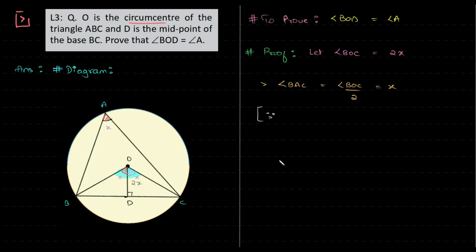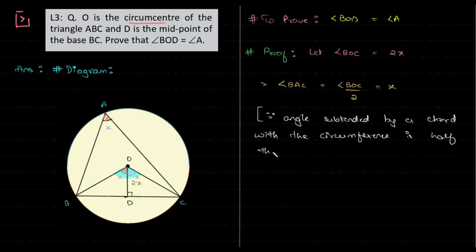So if I can rephrase it, the angle subtended by a chord or an arc, for a given segment, at the circumference is half the angle subtended by it at the center. Right? So we have that to be, yes, x.